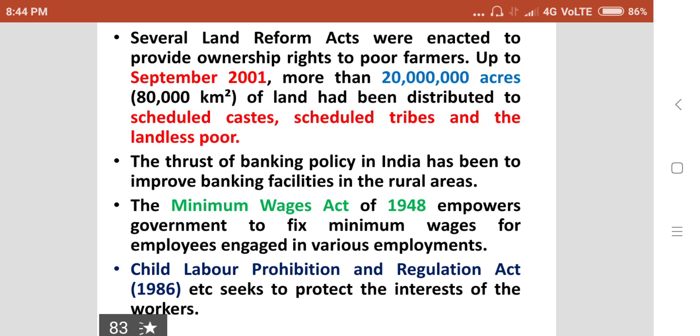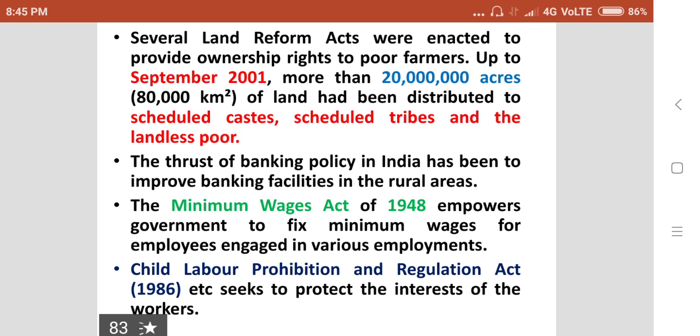Several land reforms acts were enacted to provide ownership rights to poor farmers. Up to September 2001, more than 20 lakh acres of land had been distributed to scheduled castes, scheduled tribes, and the landless poor.